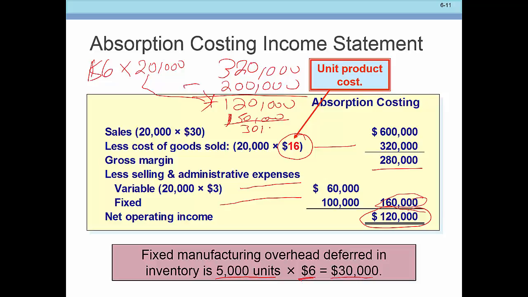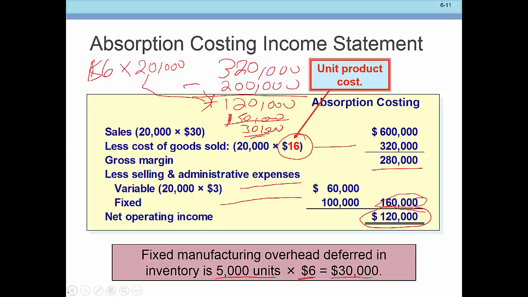That's a $30,000 difference. So that $30,000 difference is this: my product costs are a little bit more in cost of goods sold, but I've taken all of the fixed manufacturing and expensed it for the whole period. So if you look at that difference, that's the $30,000 difference, right?